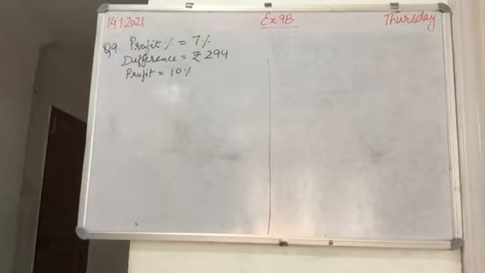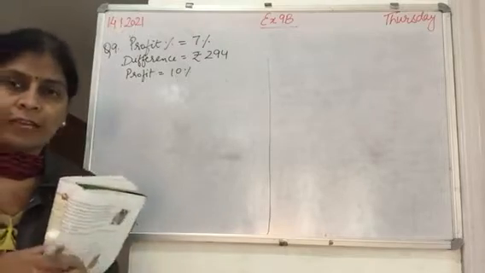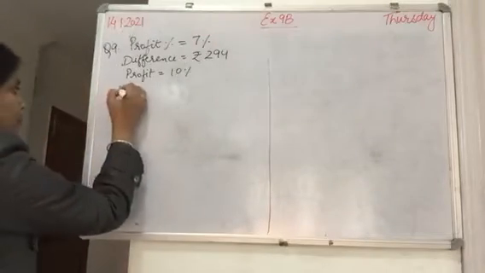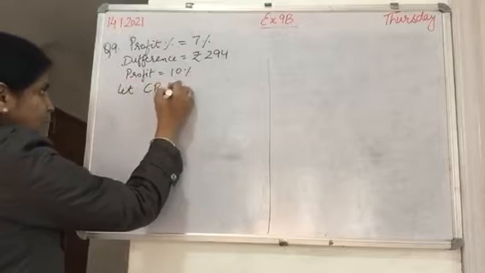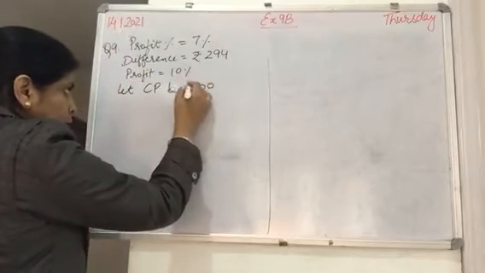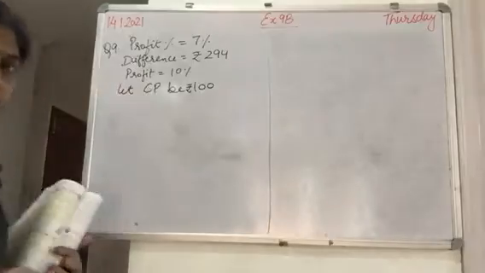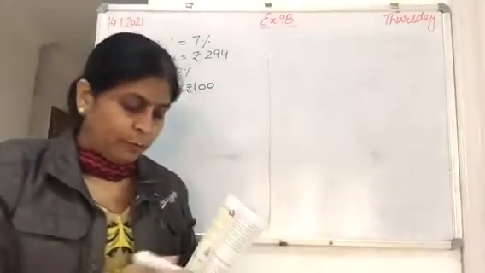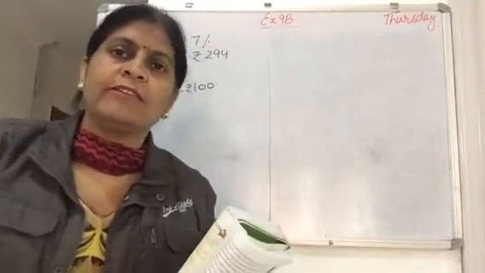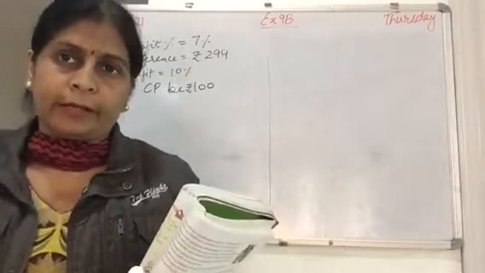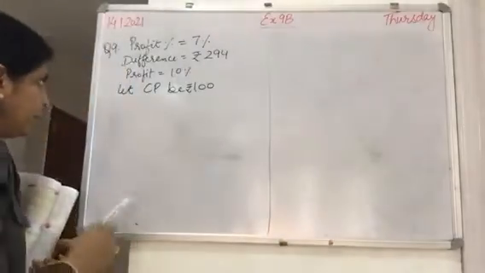Now here profit is not given, neither a cost price nor a selling price. So here we assume let the cost price be 100. Why cost price? Because the original value will be the cost price. Until you purchase, you will not sell any item. So cost price will be 100.